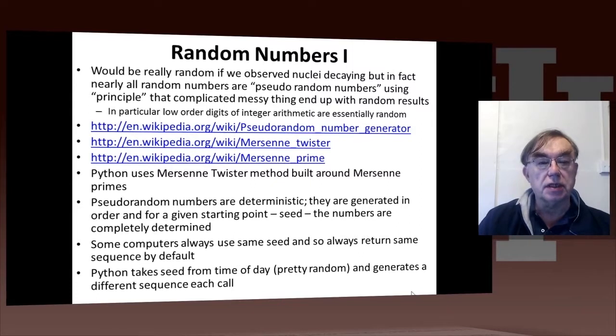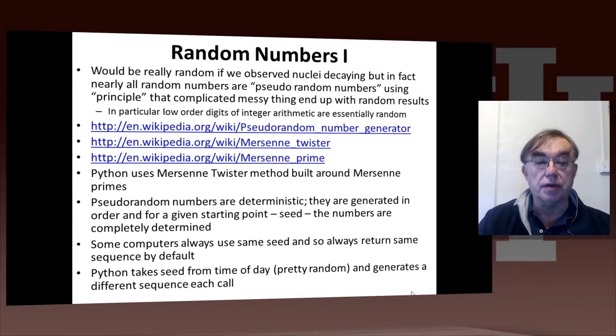The most interesting feature about random numbers, as we use in that Python program when we called rand or randn, was they aren't really random. Namely, we did not actually have little sensors looking at nuclei decaying and counting the decay times and generating a random number that way.